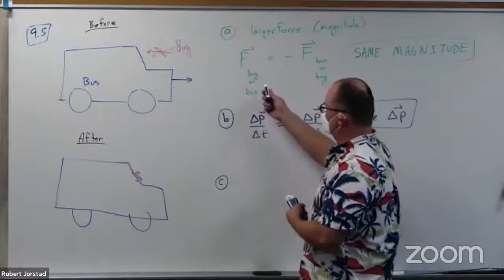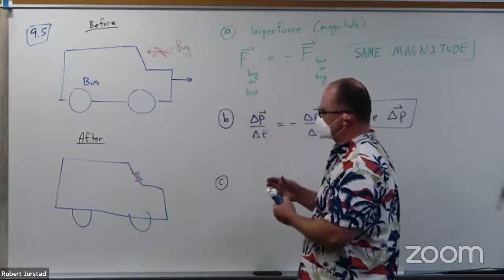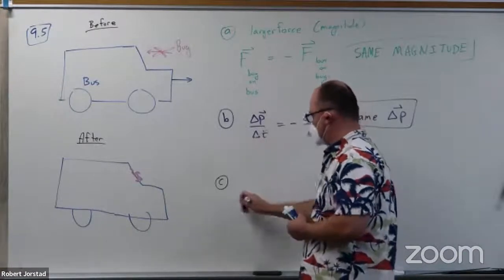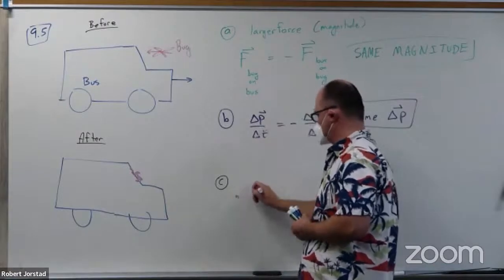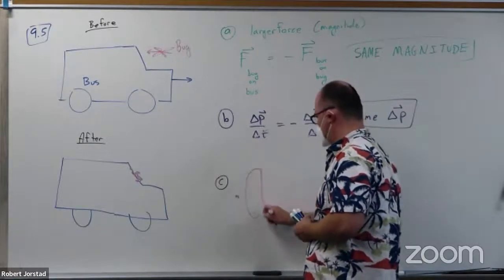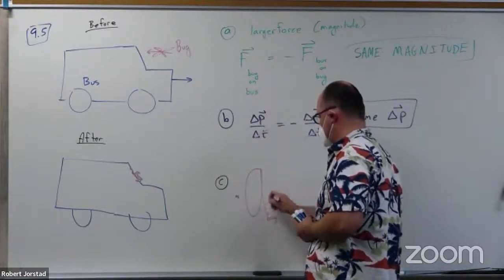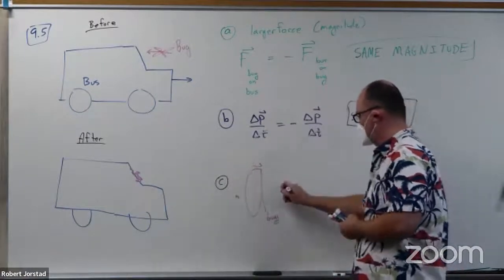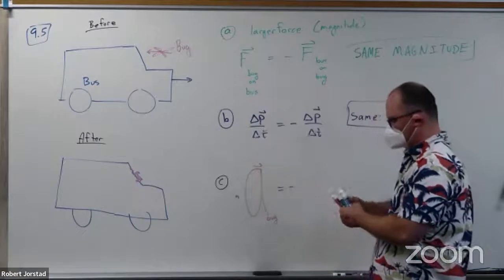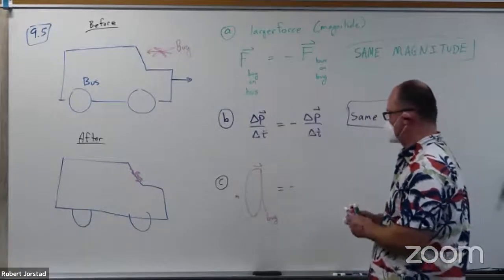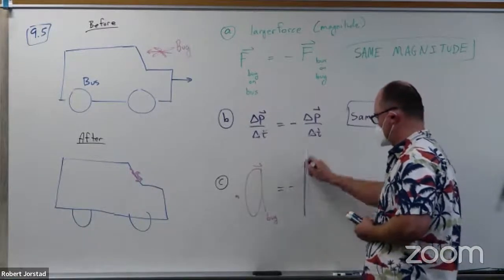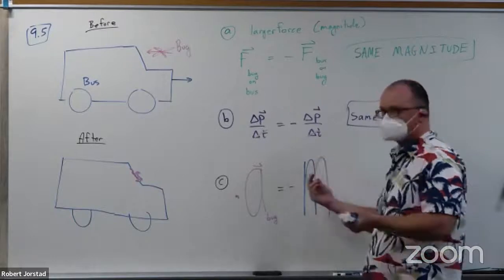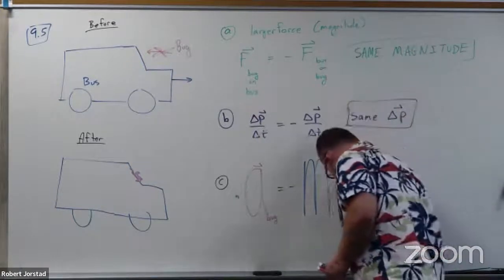Do you agree? Mass of the bug, is it big or small? So its acceleration will be huge. That's equal and opposite to what's true about the mass of the bus. So what must be true about its acceleration?